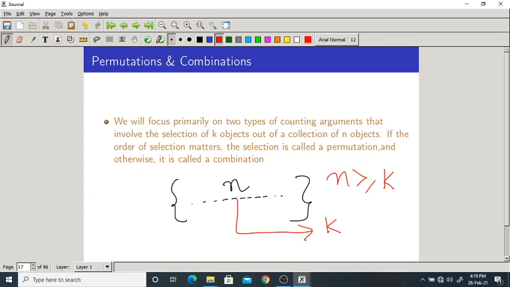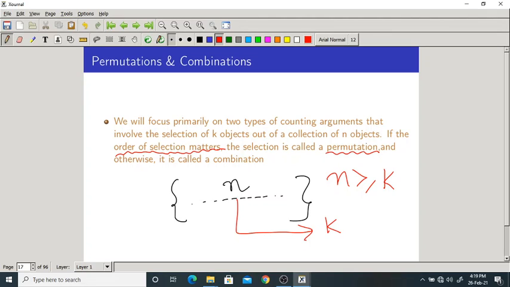So from the collection of n objects, you have to select k objects. You can do so by 2 methods: selection with order or selection without order. If the order of the selection matters, it is called a permutation.